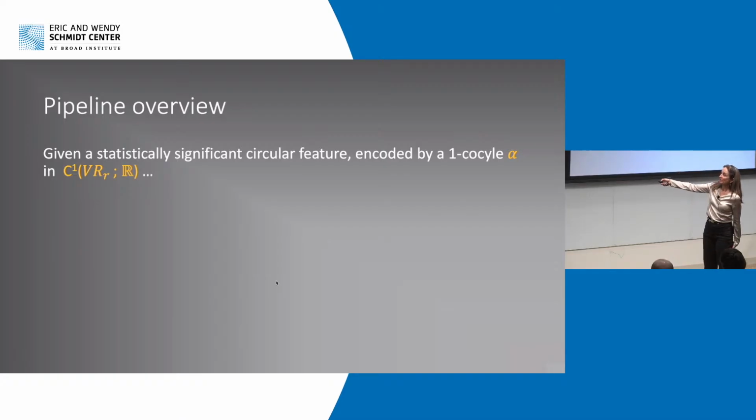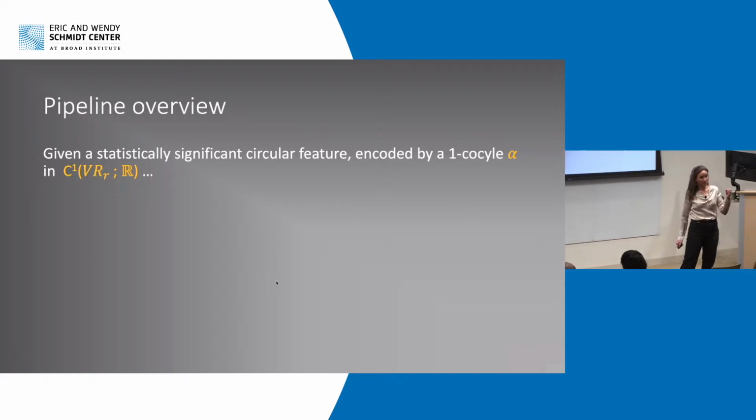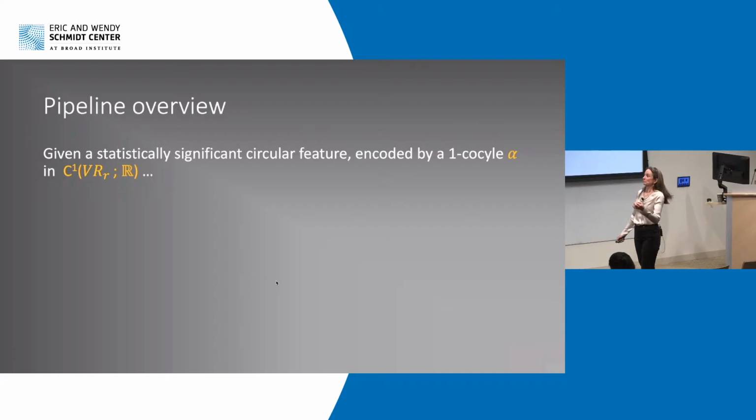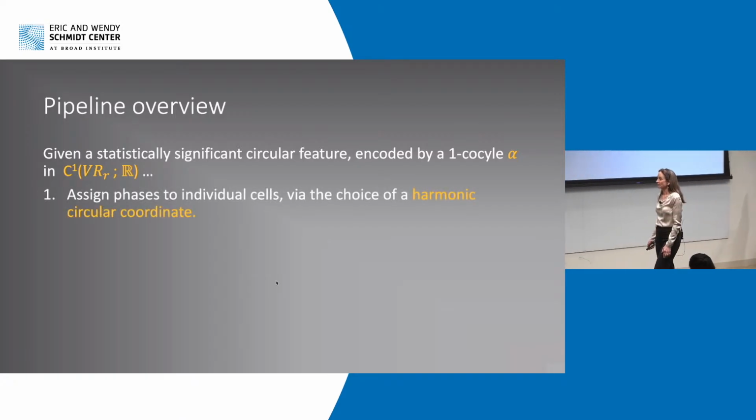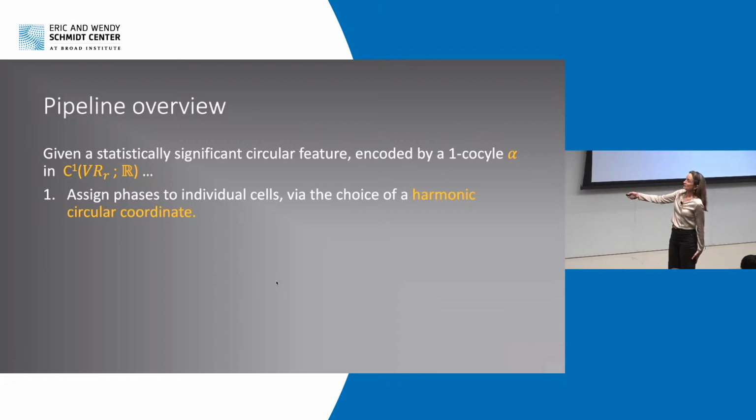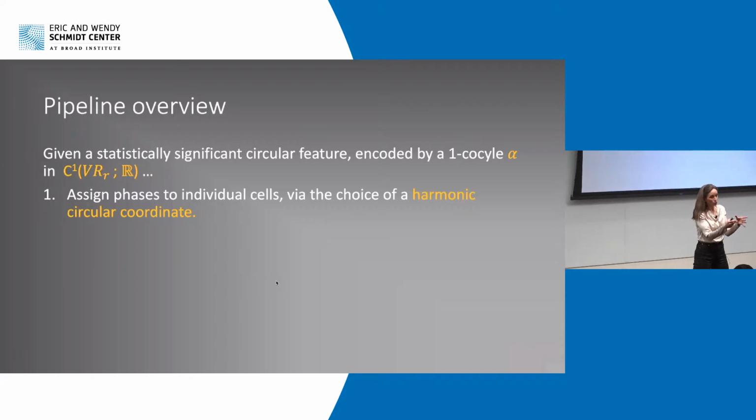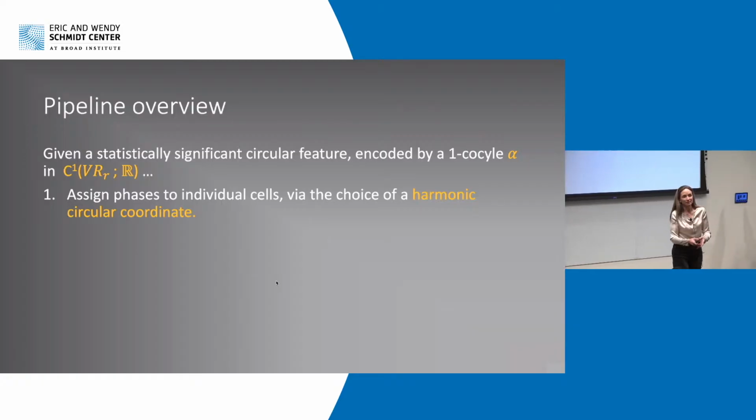So remember that when we have one of these statistically significant circular features, then it's going to be encoded by one of these one cochains, one of these functions from the edges of the complex to the real numbers. So what we want to do now is to be able to assign phases to each of the individual cells once we've made a choice of what's called a harmonic circular coordinate. And that's what I'm going to explain to you, how once we've made a choice of this encoding alpha, we're going to make a good choice, so in some sense a canonical good choice of a circular coordinate.